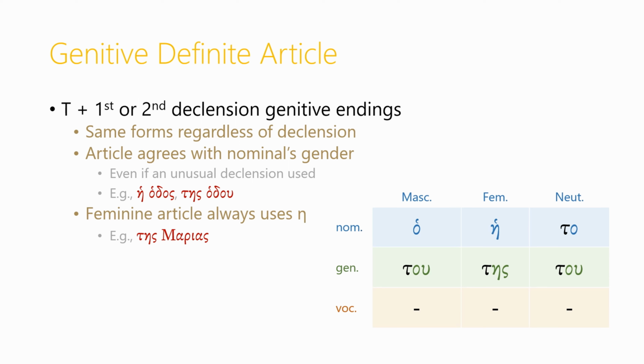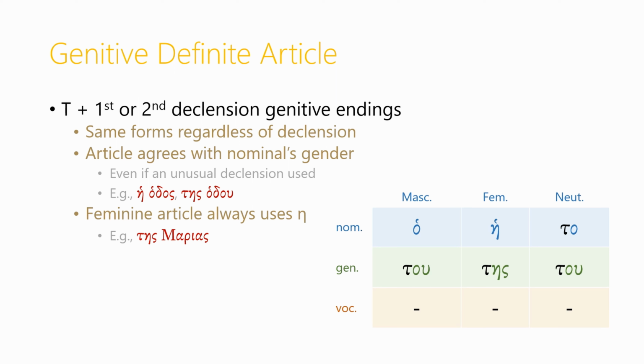The genitive definite article is quite easy. You've got tau, again, plus first or second declension genitive endings. Again, there's no third declension definite article. Third declension nouns just use the first or second declension endings the same way that other nouns do.